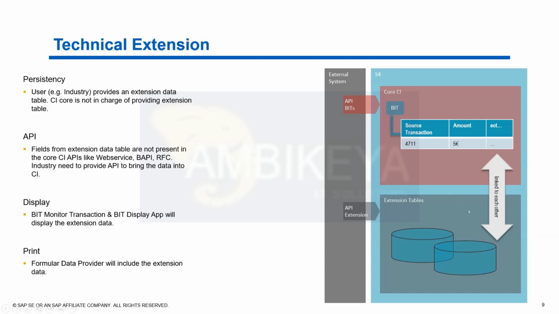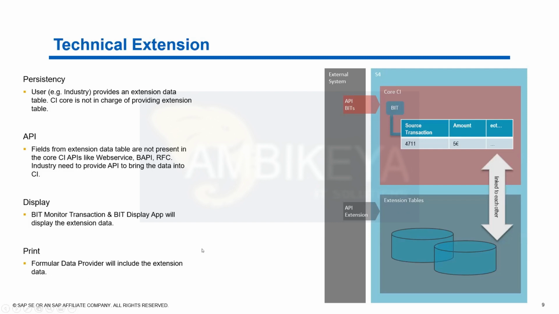So more or less, it's really just for you. You have to do the work, but of course, we did it in a generic way. Our APIs are very flexible, so you don't have to build your own APIs. Also in the bill monitor, we will show for the customer also the information which you have for the customer in the extension tables.